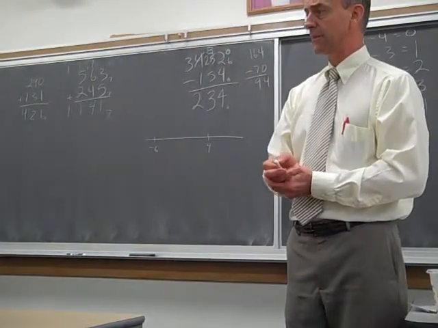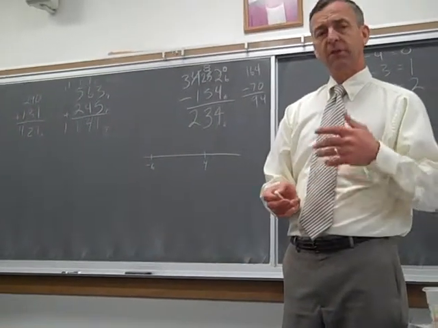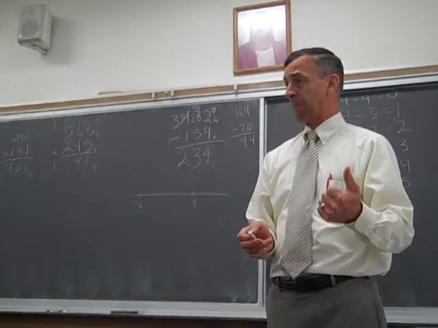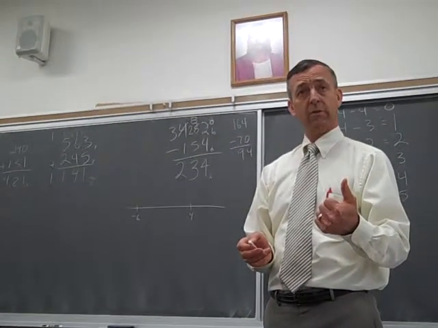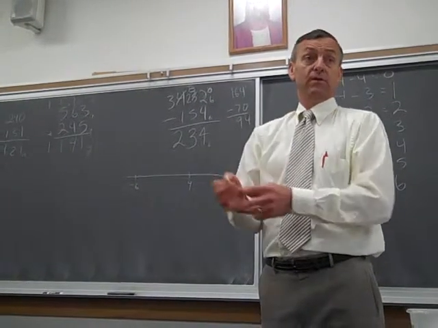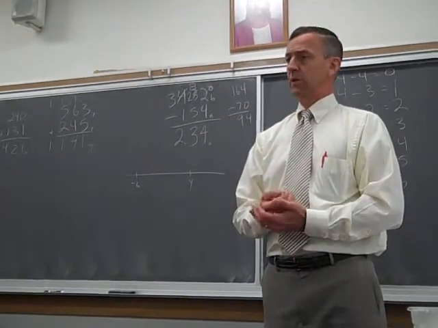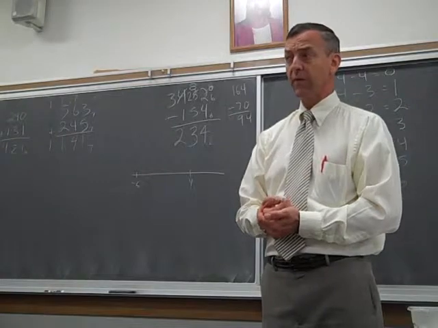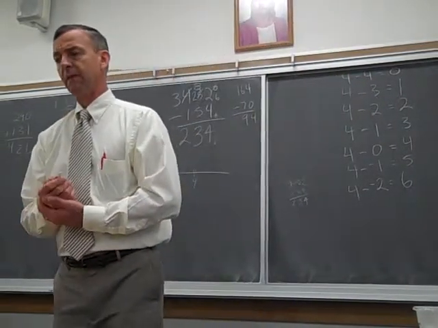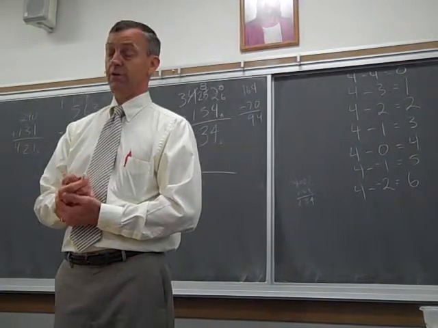Everybody with me? You read about some additional ways. There was a mail time metaphor where the mail carrier brings bills or checks and picks up bills or checks, which is just a finance way of thinking about integers.